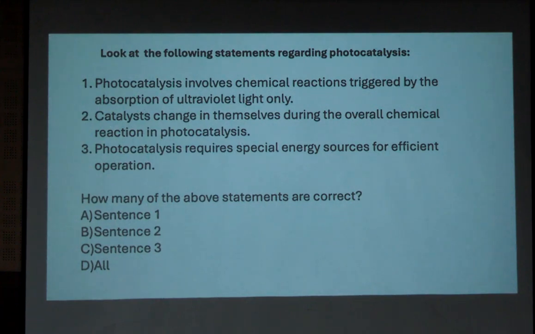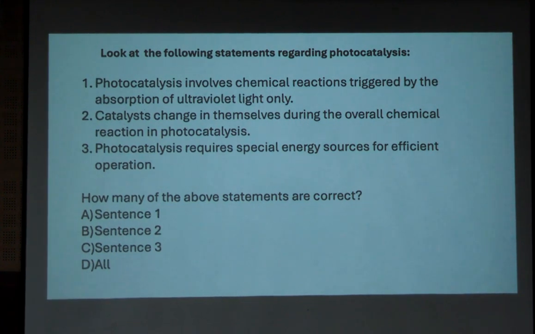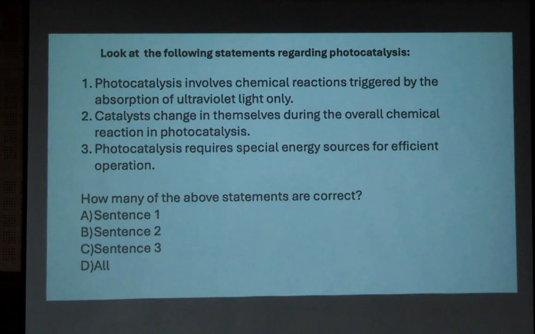That means catalysts participate in the chemical reaction. Change means not structure change, but participation in the reaction. Change themselves means electron, hole, the combination of electron and hole take part in the reaction. Third, a special energy source is required.